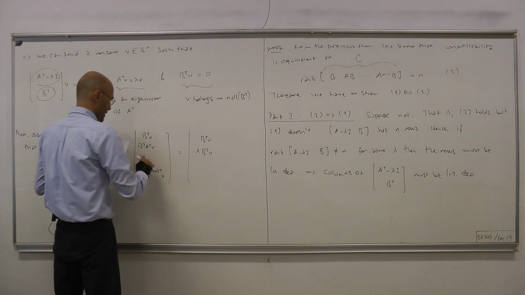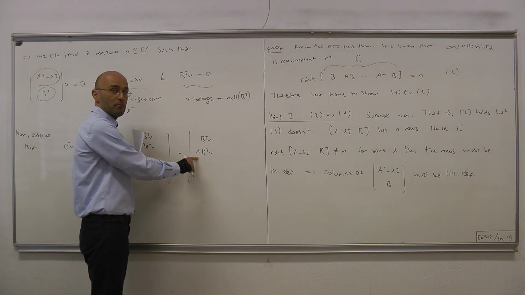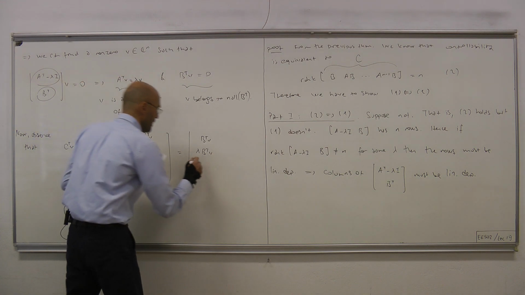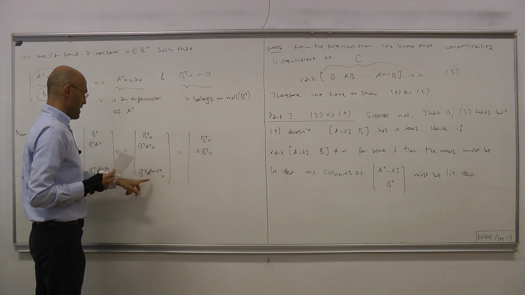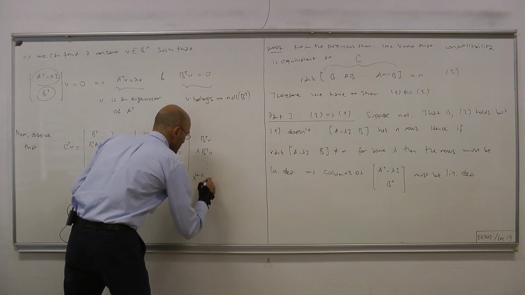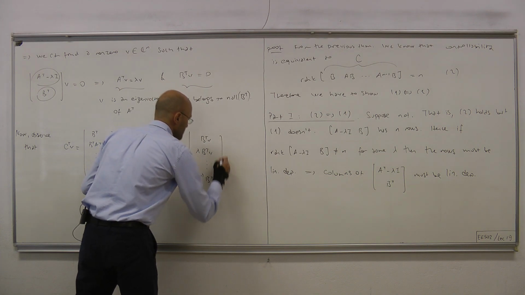So for the third row we will have lambda squared B transpose V, for the fourth row lambda cubed B transpose V, and so on. And for the nth row, we have lambda raised to the power n minus 1 times B transpose V.